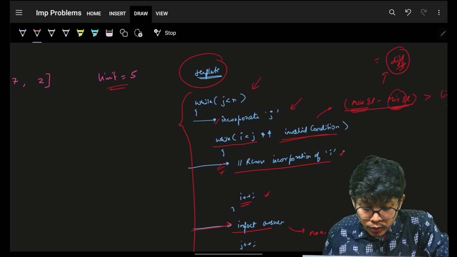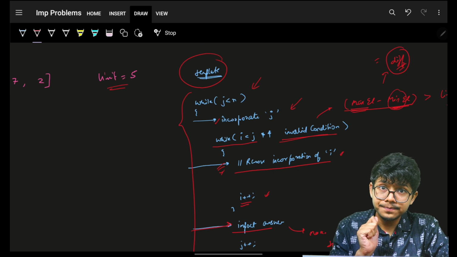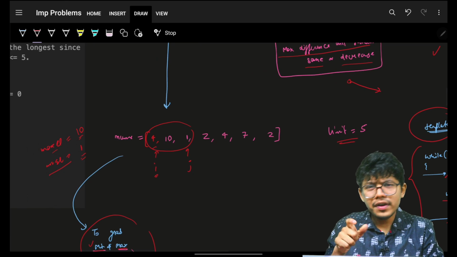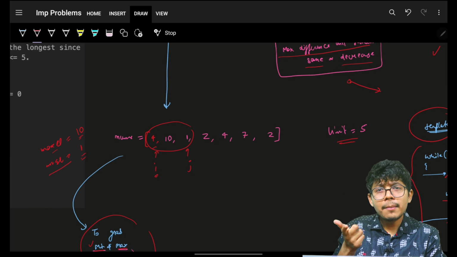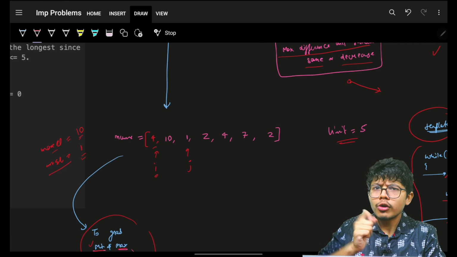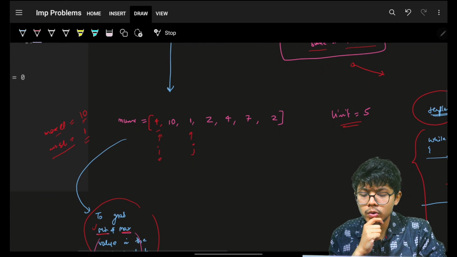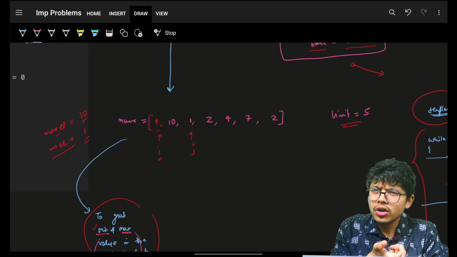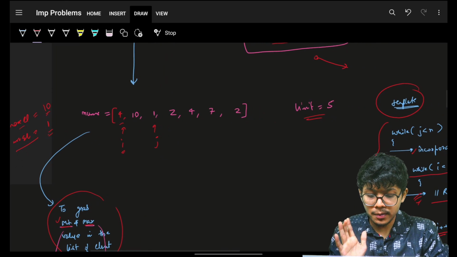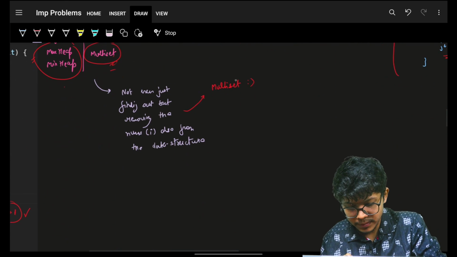You are at nums of I, you have to remove it. But in a priority queue, you can only remove the max or the min element, which means ideally a priority queue will not work here. I'm not putting that much thought, but I know a multiset will for sure work, because removing from a multiset is very easy. So I will use a multiset right now.